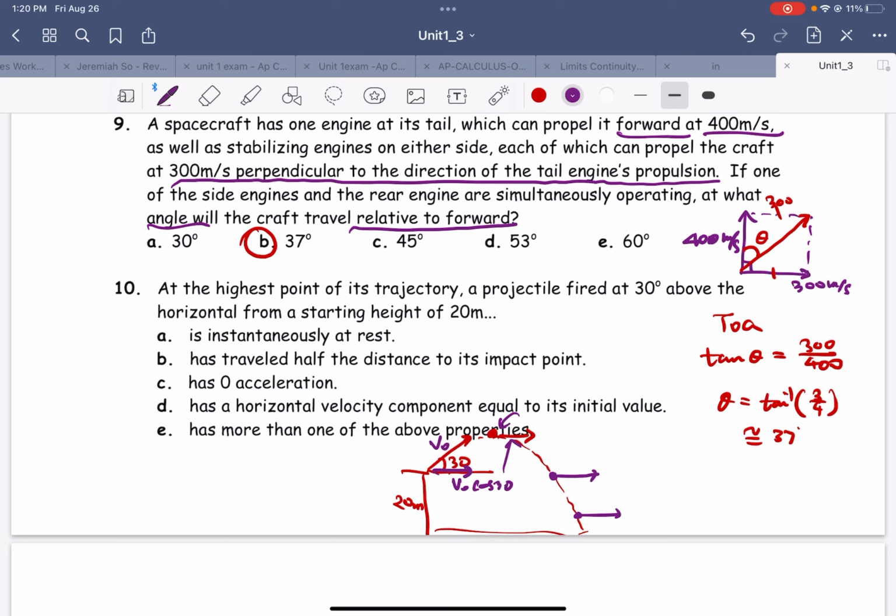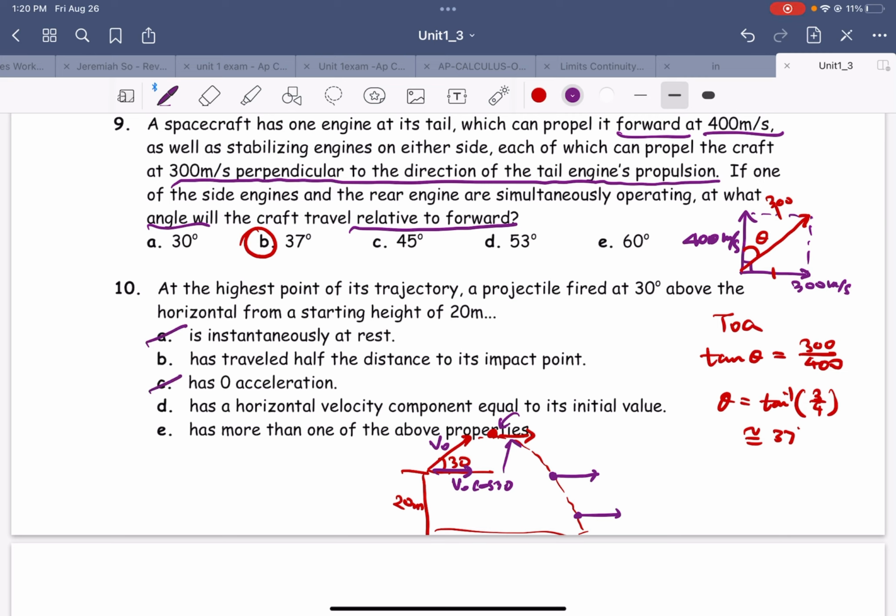Now B, it can travel half the distance to its impact point. So what they're saying is, like here, the impact point, that distance is half of that. We don't know that one. And it has a 0 acceleration? No, right?